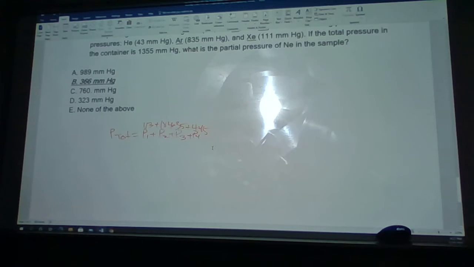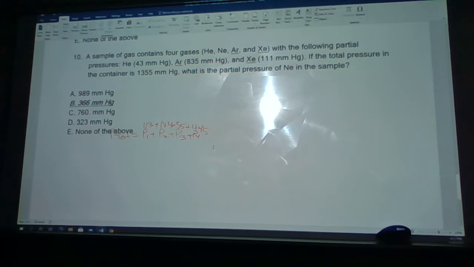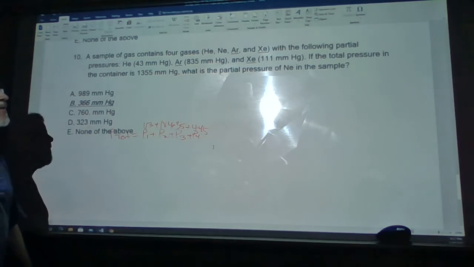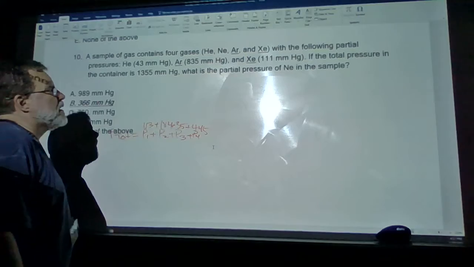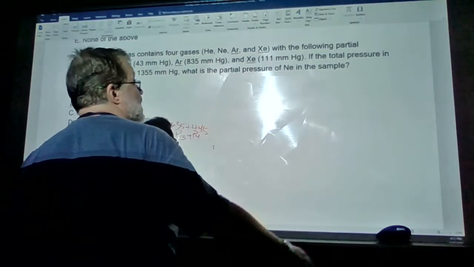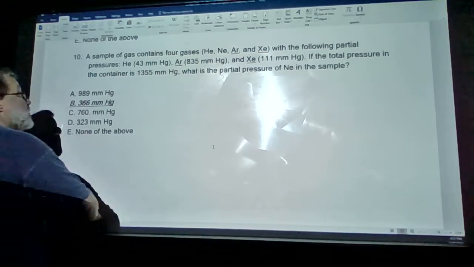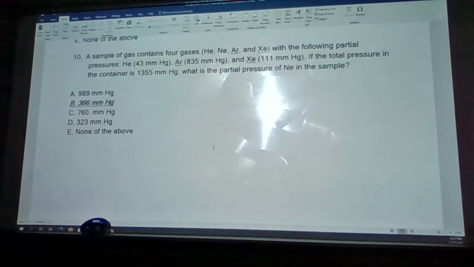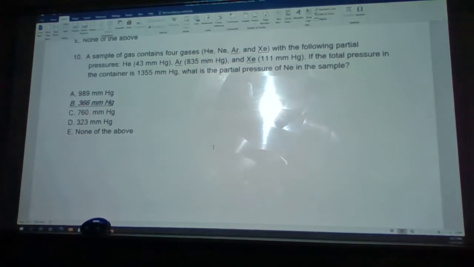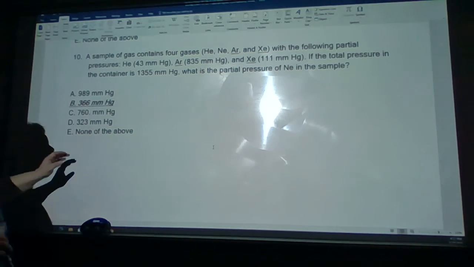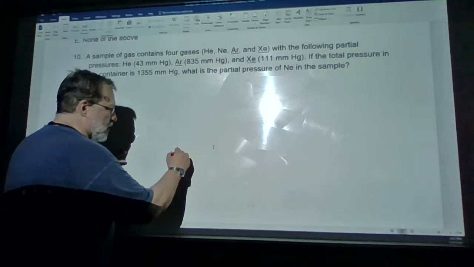Number 10. A sample of gas contains 4 gases: helium, neon, argon, and xenon. The following partial pressures: helium is 43 millimeters of mercury, argon 835, xenon is 111. Total pressure of container is 1355. What's the partial pressure of neon? Dalton's law again.